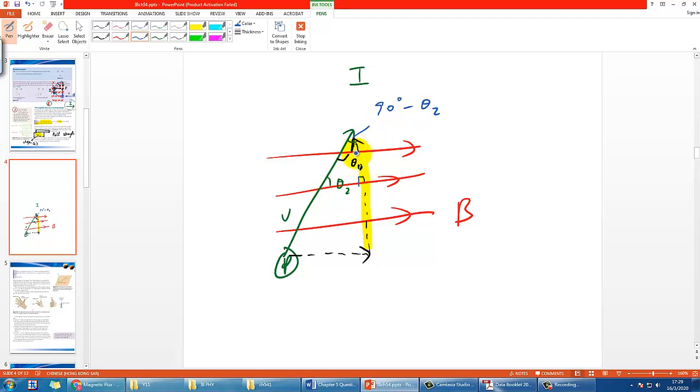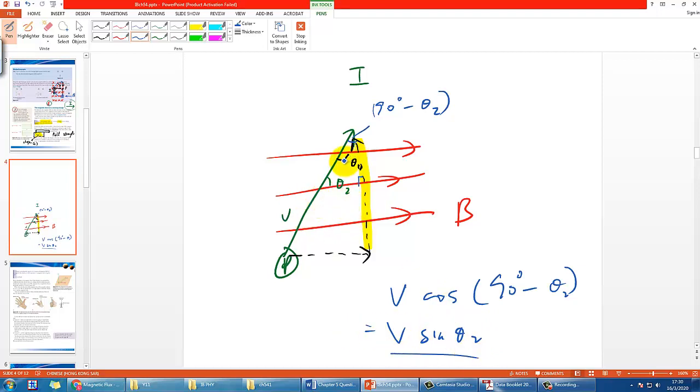I think, if this is the angle and this is V, then this is V cosine of 90 minus theta, so theta 2. So in that case, that will be V sine theta in this case. Okay, so that is how you could deduce it if you try to do it more carefully.